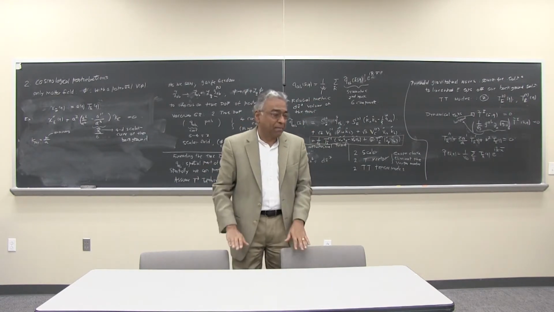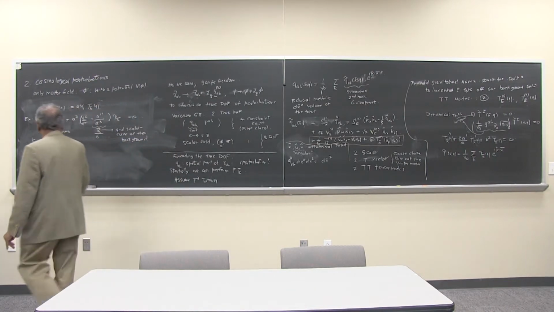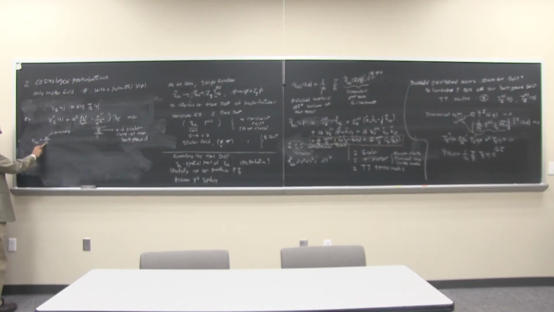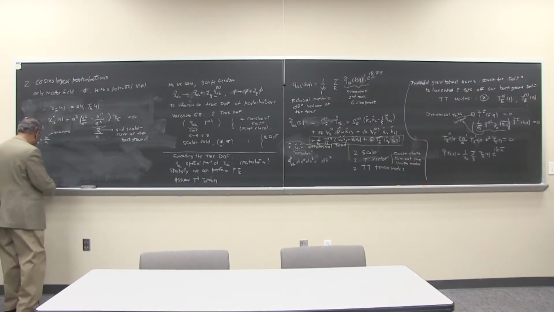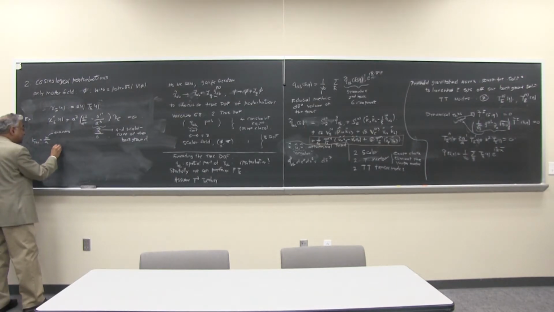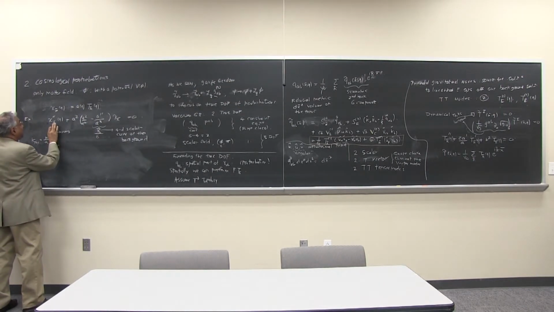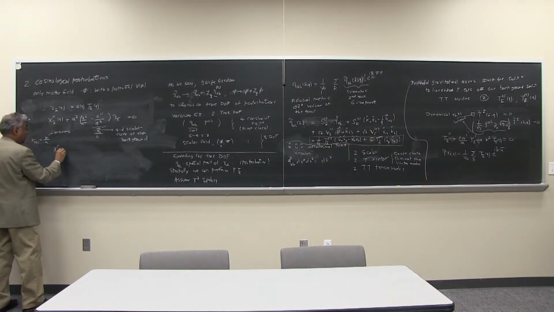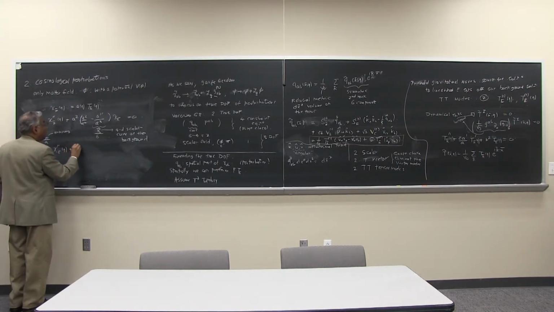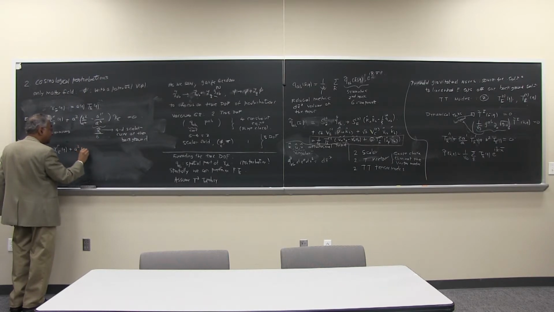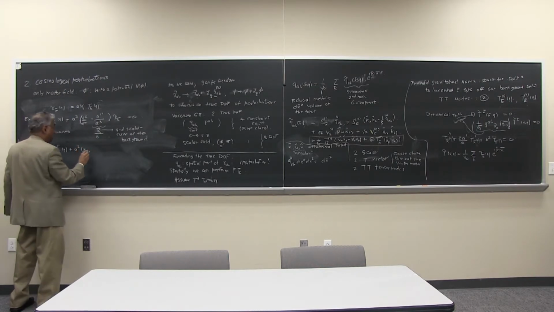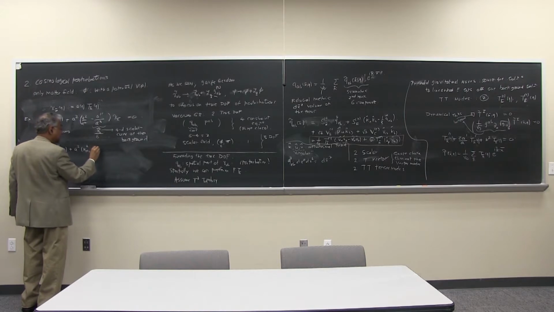The wave number is 1 upon physical wavelength, and therefore the wave number is going to be shrunk by a factor of a relative to k. So this equation can be rewritten as chi double prime k of eta plus a squared times [k physical squared minus scalar curvature by 6] times chi k.